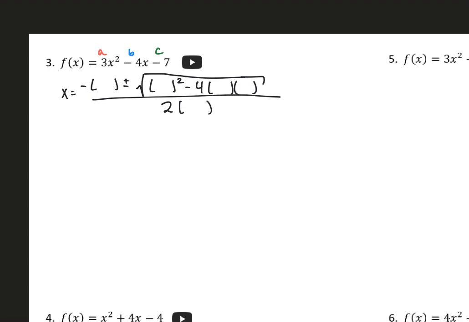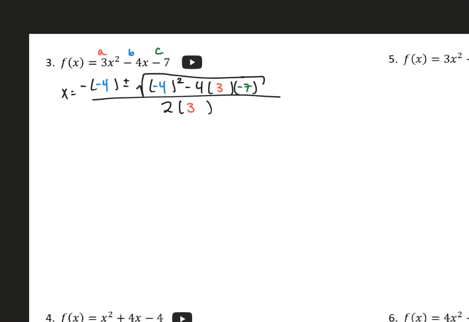So it's negative b, where b is negative 4, plus or minus the square root of b squared minus 4 times a times c, all over 2 times a. Make sure when we plug in our numbers that the sign goes with the number. So b is negative 4, so when we plug it in inside of parentheses, it should be a negative 4.